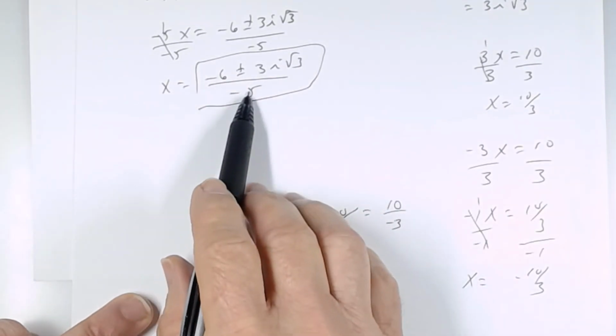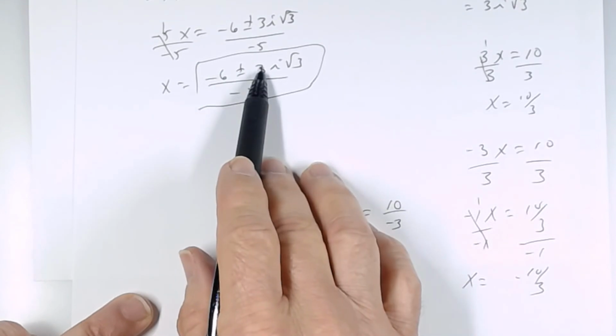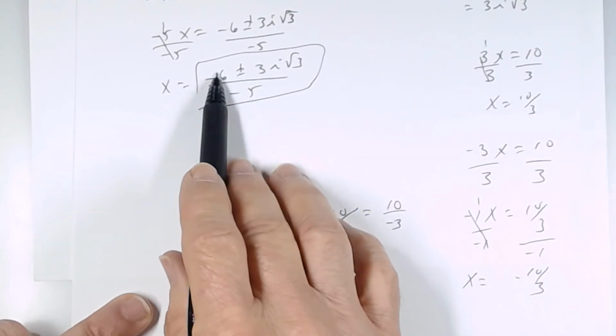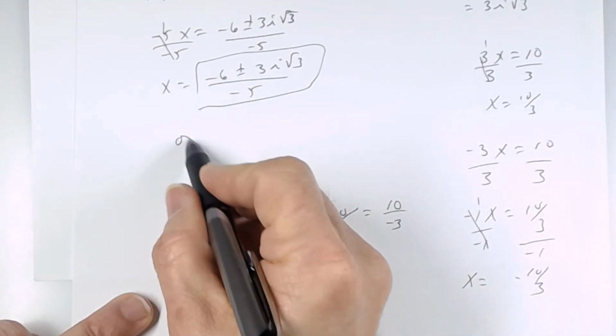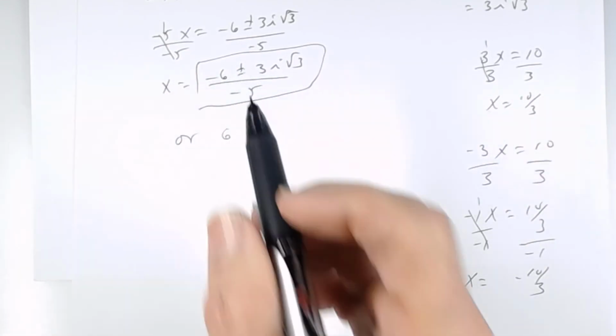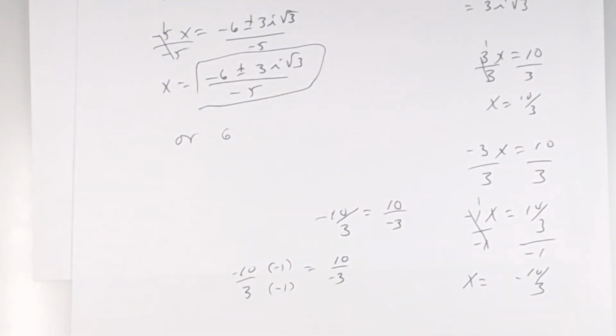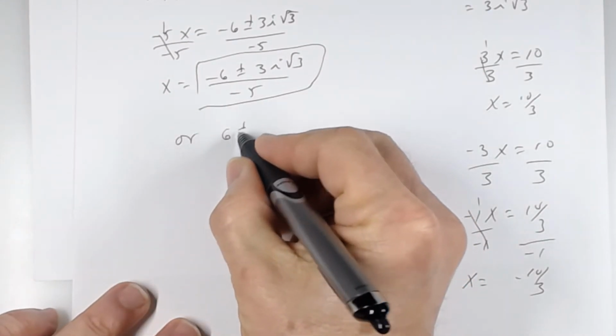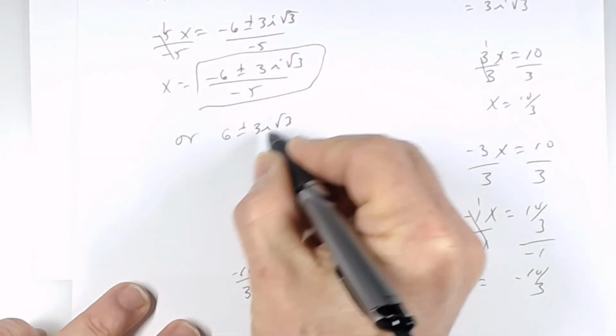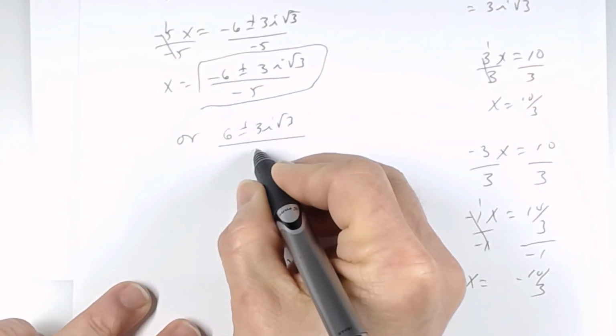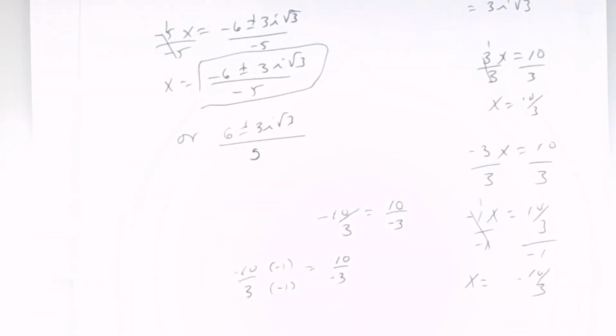So if I multiply all of these by negative 1, what's negative 6 times negative 1? 6. A plus or minus times a negative is still a plus or minus, because a positive times a negative is a negative, and a negative times a negative is a positive. So you still get a plus or minus, right? Except in the denominator, this becomes what? Positive 5.